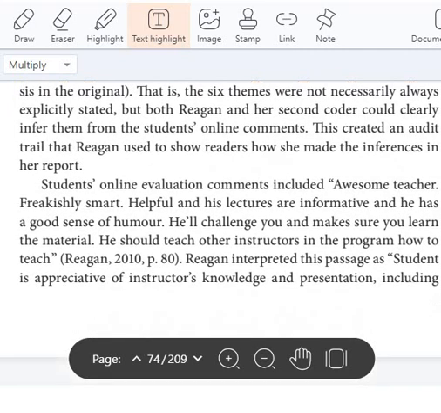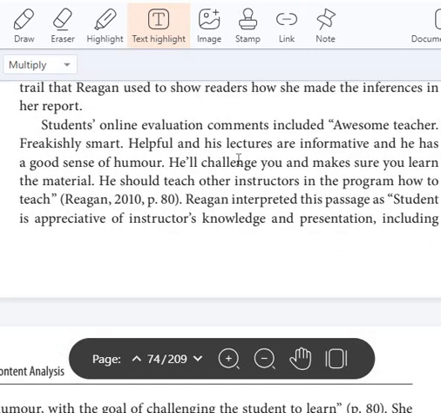So these comments were so clear, so manifest. Yet she found some comments that were not that clear, so they were considered latent. That's why she intended to explain that latent content. So she interpreted this passage as student is appreciative of the instructor's knowledge and presentation.